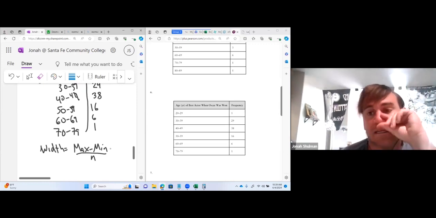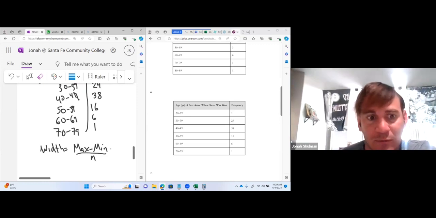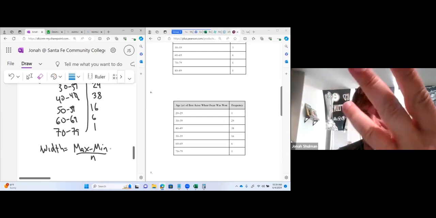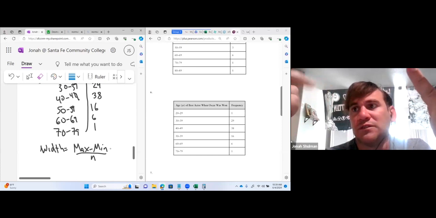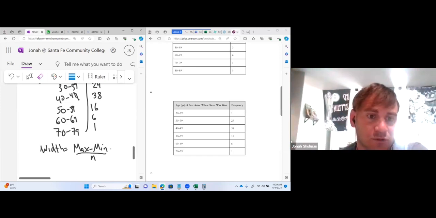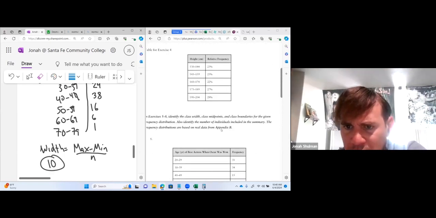But we saw that it's not the best, so we're going to use logs. Theirs is from 70 to 79. How many numbers is that? 0, 1, 2, 3, 4, 5, 6, 7, 8, 9. So there's actually 10 numbers here because you have to count the 0. So we know our width is 10. That's the first answer.